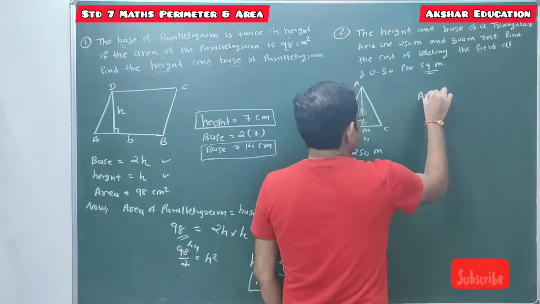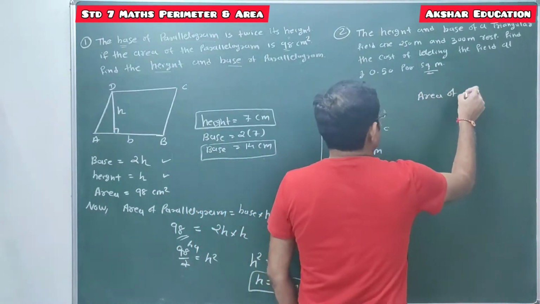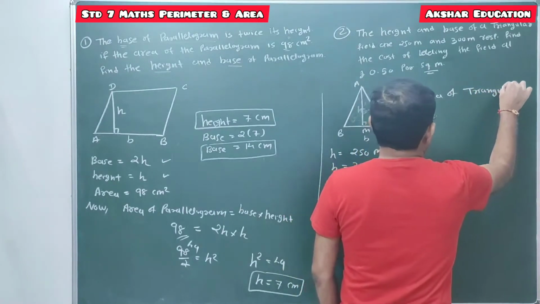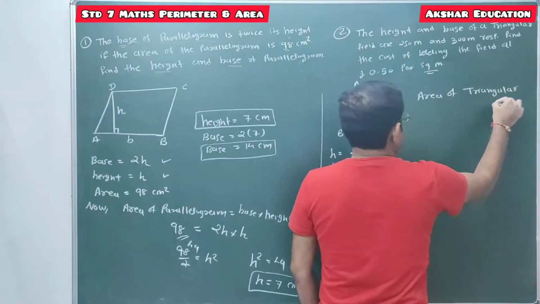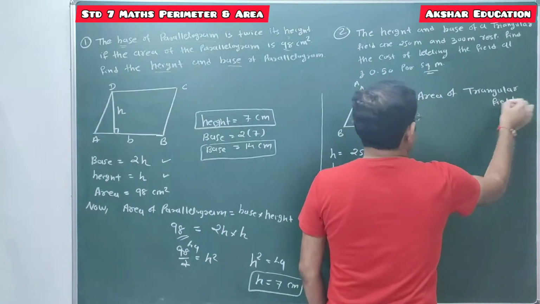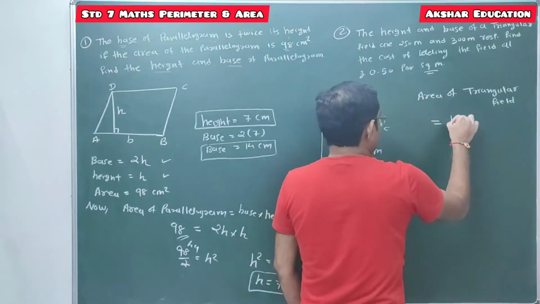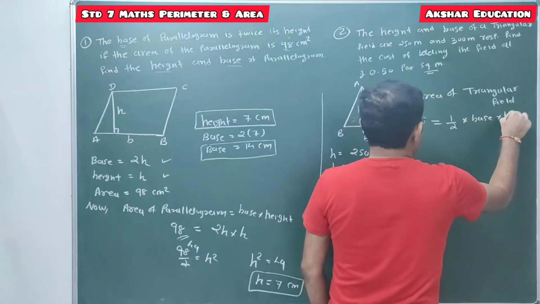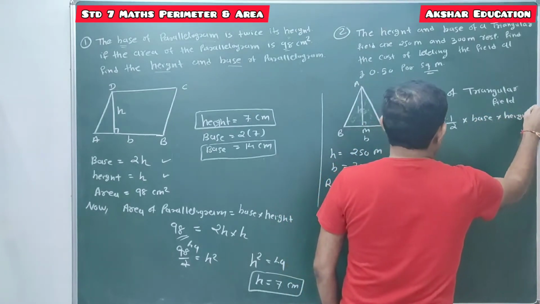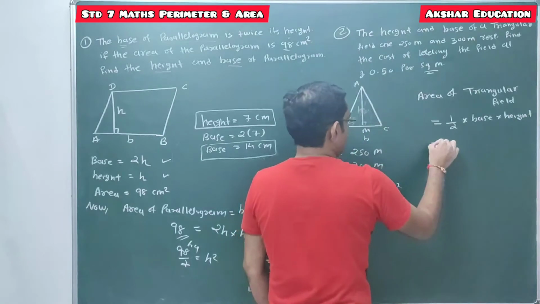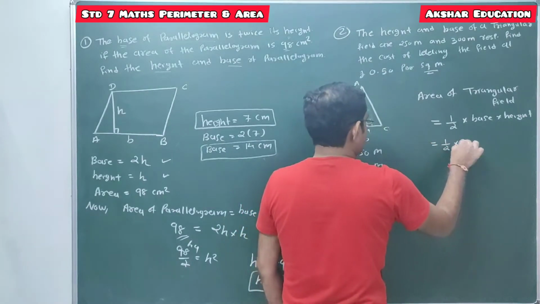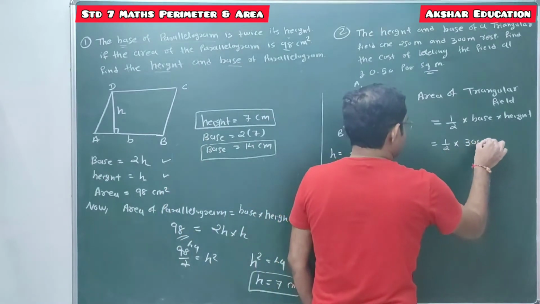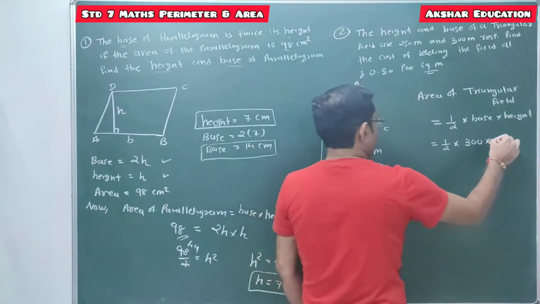So area of triangular field is nothing but the area of triangle, and the formula is 1/2 into base into corresponding altitude, or we can say base into height. So that is equal to 1/2 base is 300 and height is 250 meter.